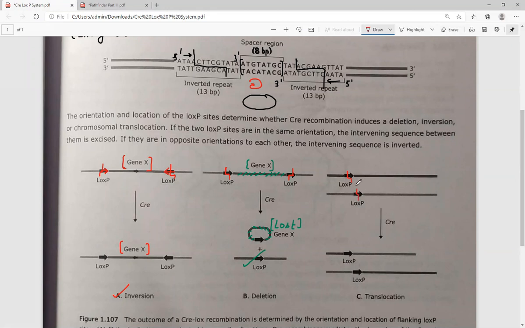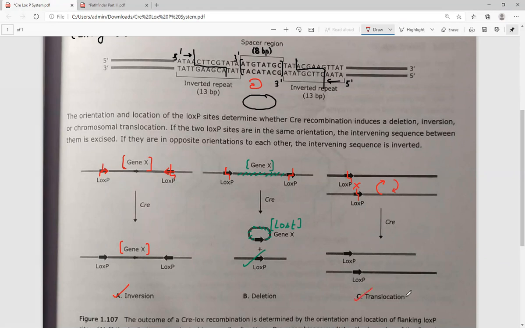The two DNA will be exchanged at this particular site. So this DNA will move above and this DNA will move down. See this? The light brown color DNA has been made to move above and the black DNA has been made to move down. This phenomenon is commonly referred to as translocation.